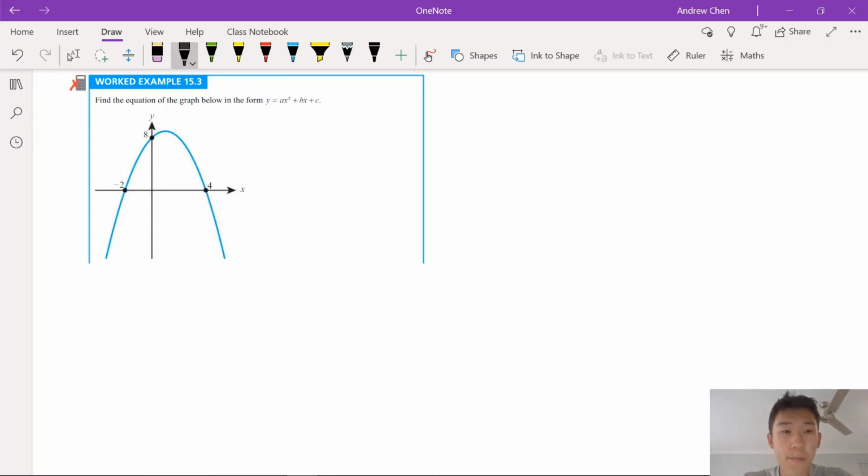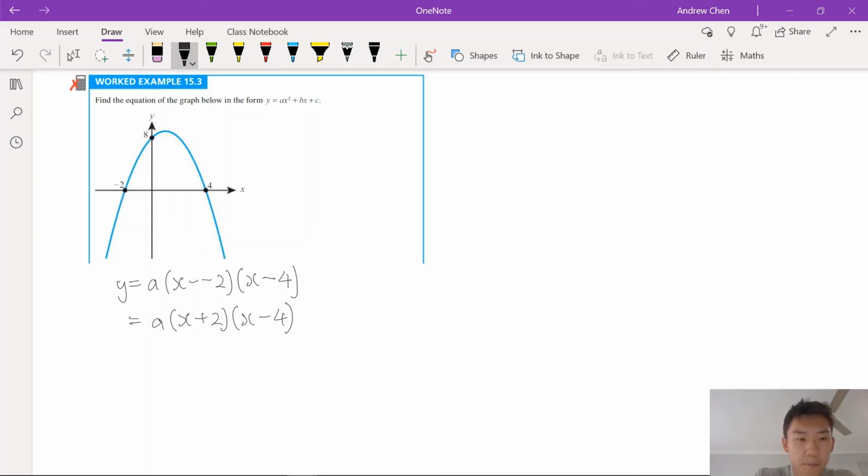So anytime you've been given two x-intercepts, two zeros, just use the x-intercept form. So y equals a outside of (x take negative 2)(x take 4). So we have a outside of (x plus 2)(x minus 4).